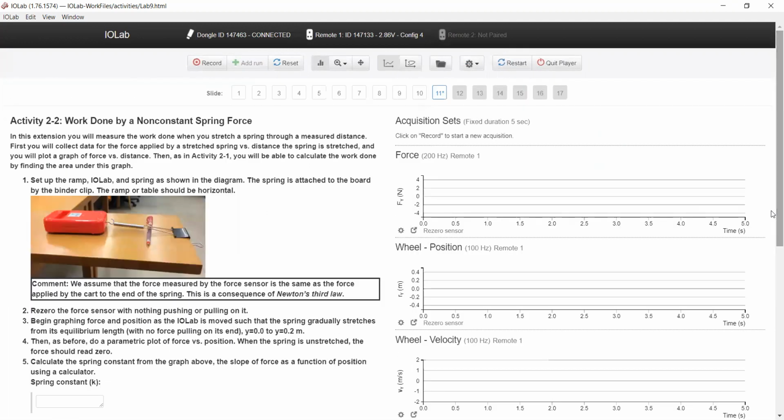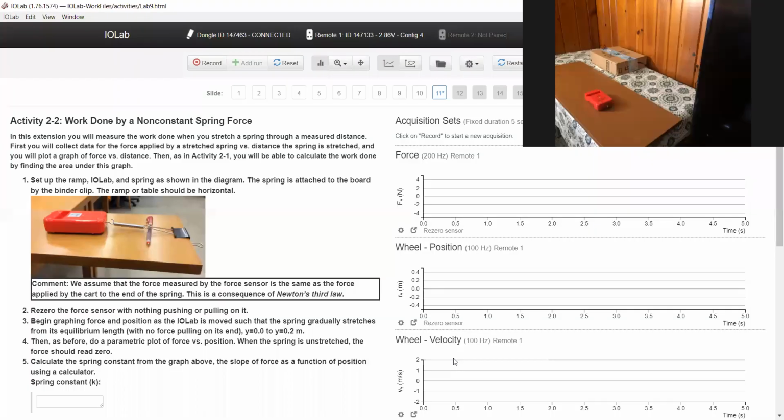Now work done by a non-constant force. That was a constant force in the previous case; now we'll do it with a non-constant force. Let's make a setup as shown in the picture. Use the clip, then a pencil or pen so that I can hold it, and use the string on one side.